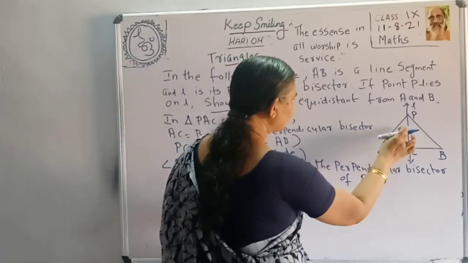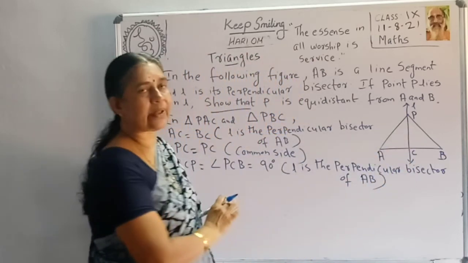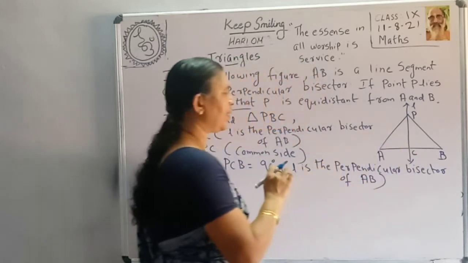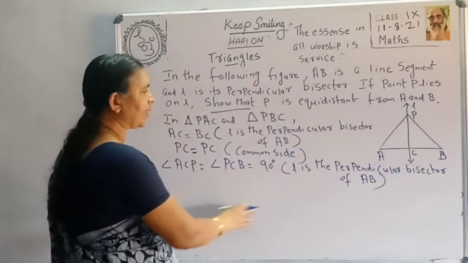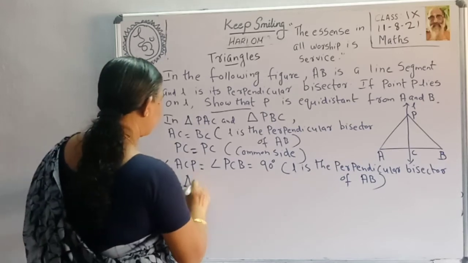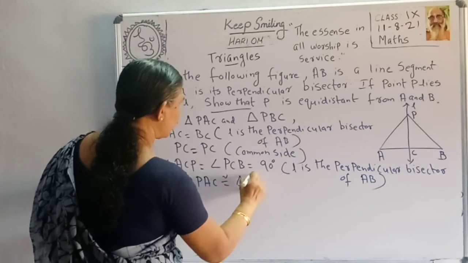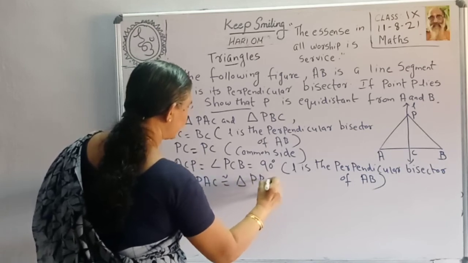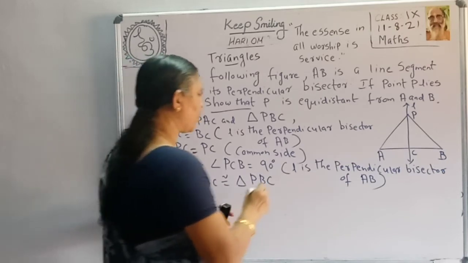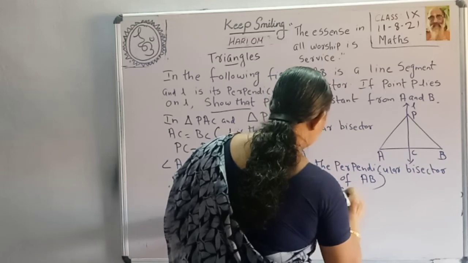Therefore, two sides and the included angle of one triangle are respectively equal to two sides and the included angle of the other triangle. Then are the triangles congruent? Therefore, triangle PAC is congruent to triangle PBC. By which congruence rule? By SAS congruence rule.